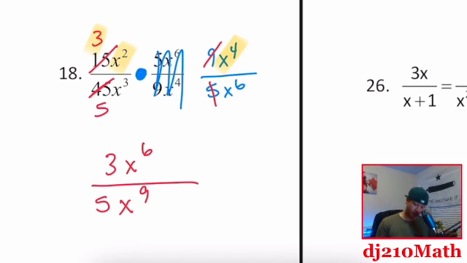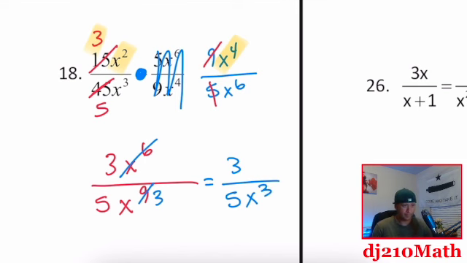So we have 6 in the top, 9 in the bottom. So these are going to go away. This is just going to be a 3 left over, because you took away 6. So 3 over 5 x cubed. Final answer.